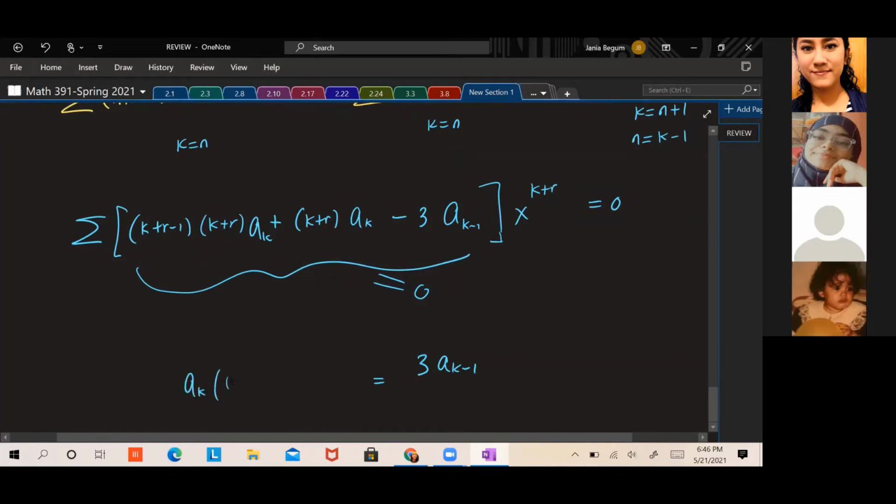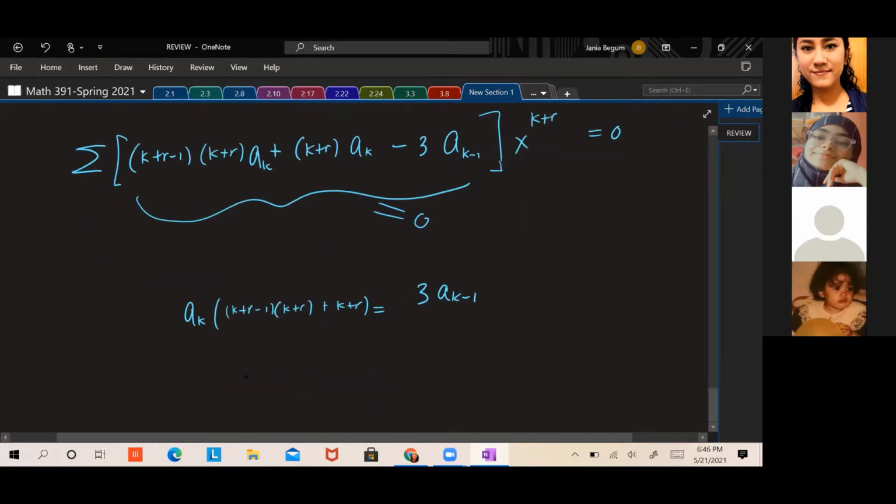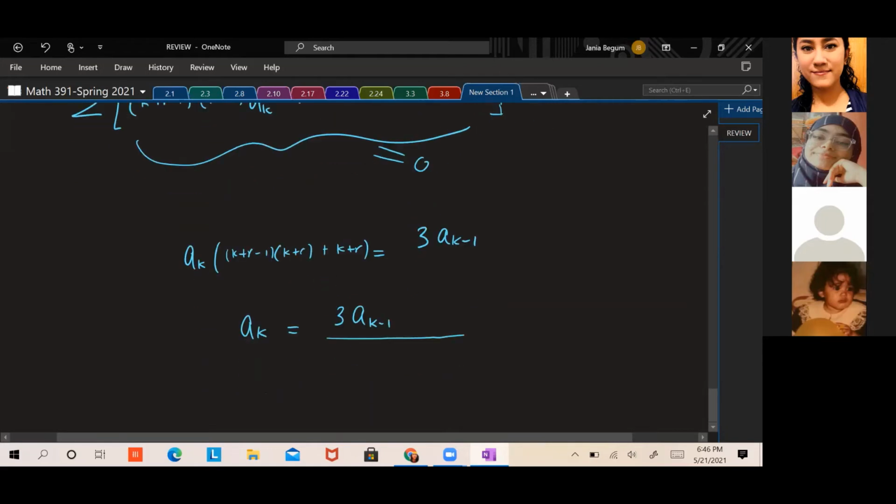So you have k plus r minus 1, k plus r, and then k plus r. And now we can divide by those coefficients. So a sub k is going to be 3 a sub k minus 1 all over k plus r minus 1, k plus r plus k plus r.